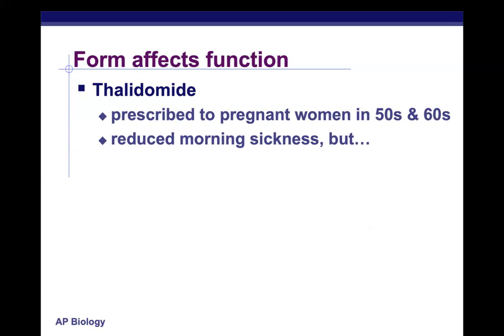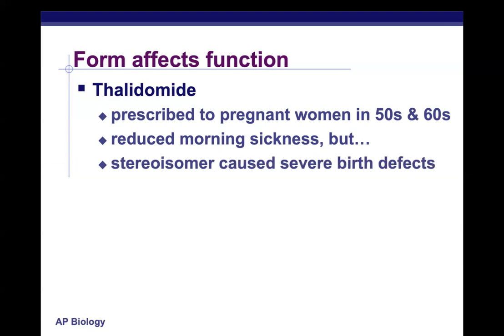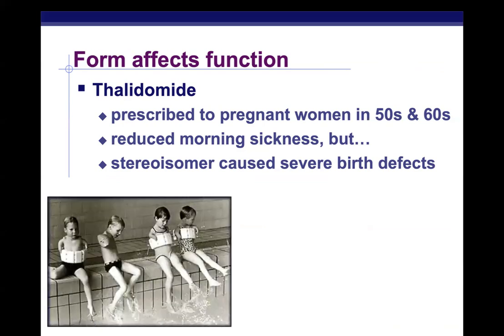They were pregnant and would get nauseous and throw up as a side effect of pregnancy, and this was prescribed to help treat that. But there were two different isomers of this thalidomide, and the wrong isomer caused severe birth defects in babies whose mothers had taken this in pregnancy.